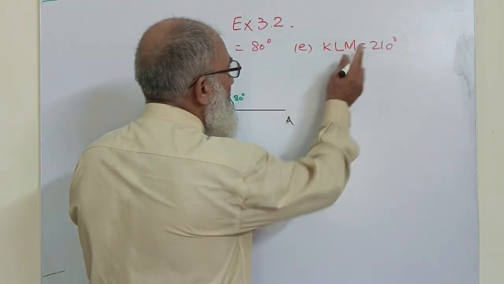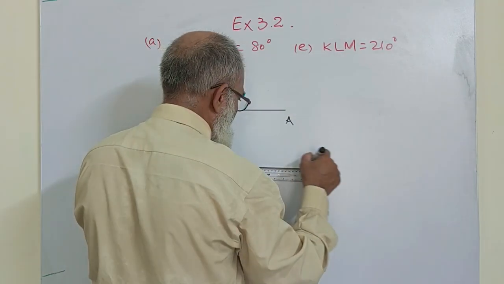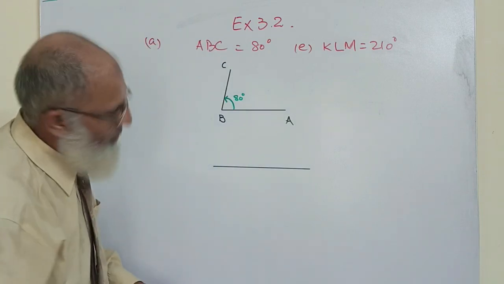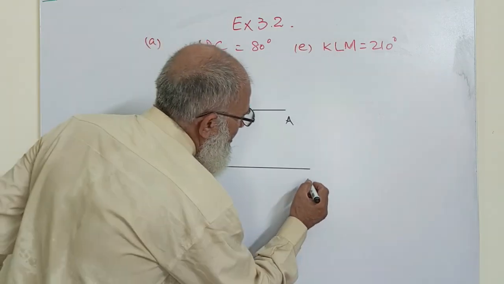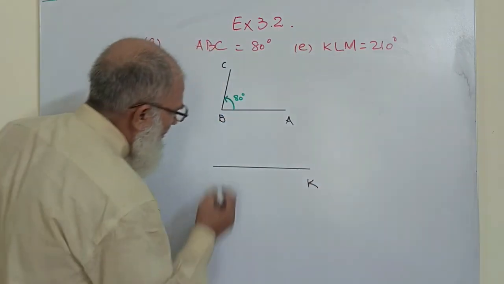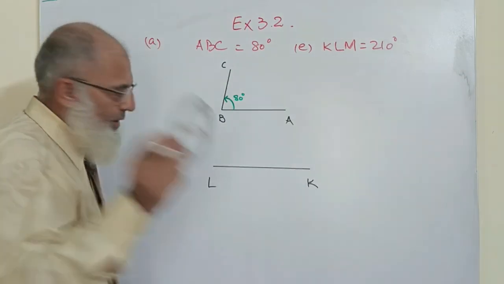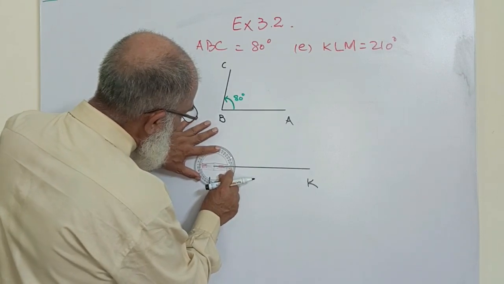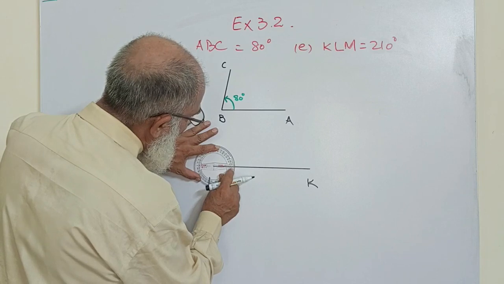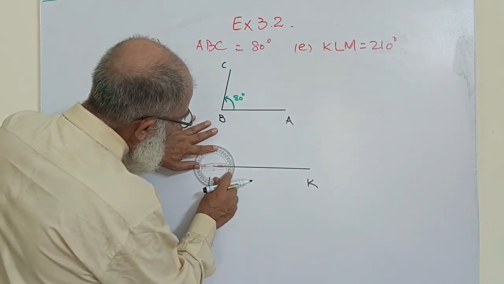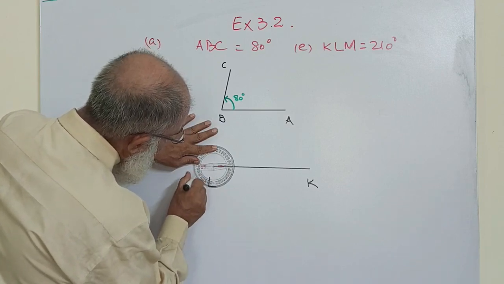We'll start making KLM from here. Since L is in the middle and K is at the start, we write K, L over here. We'll measure the angle with this protractor. Now here it comes, 210 degrees.